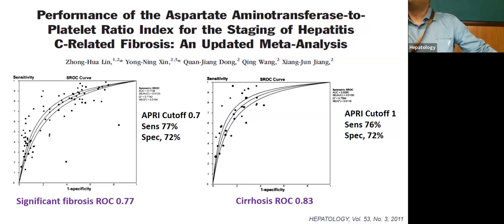Any score between 0.5 and 1 is better than random guessing, and 1 would be a very ideal test. Any area under the curve of more than 0.80 is considered a good test. So APRI with a cutoff of 1 has a sensitivity and specificity of 70% and an area under the curve of more than 80%. So it is a good test, especially in a resource-limited setting.